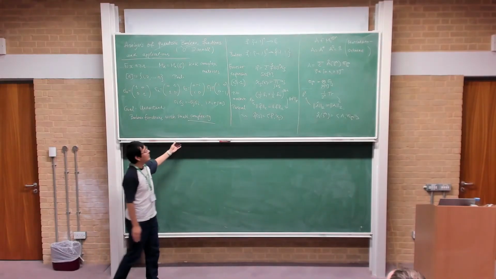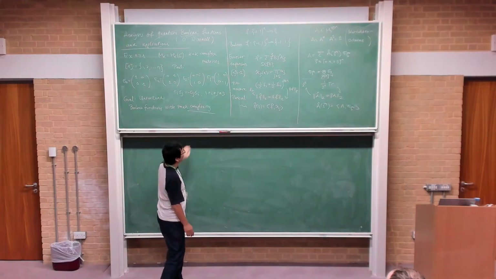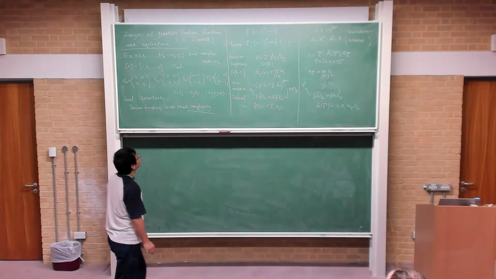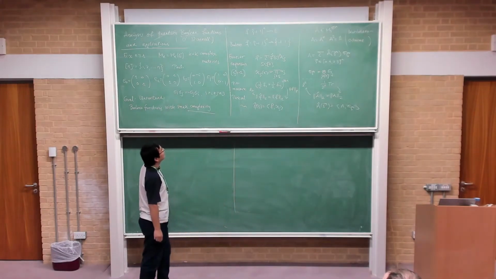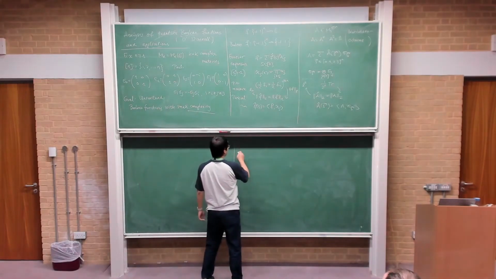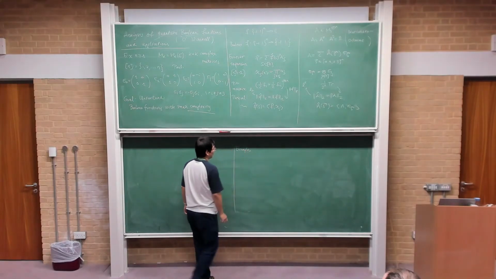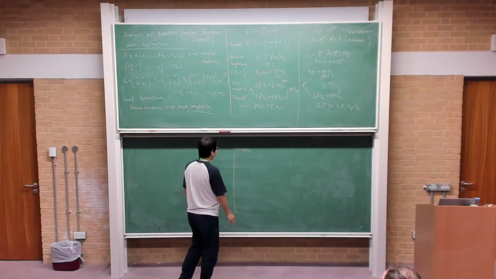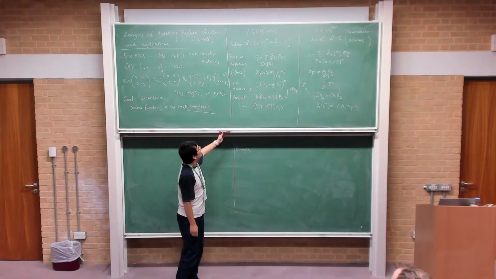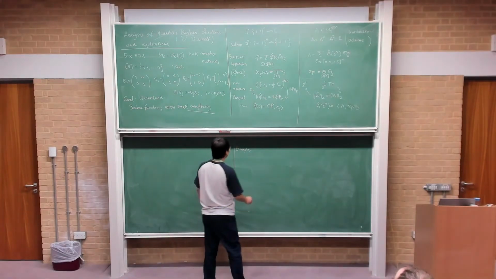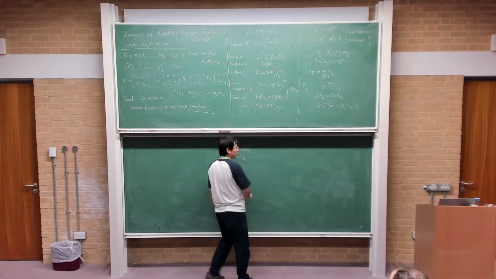Let me give you some examples. Is this visible to everyone? Okay, so a very simple example of a classical Boolean function is the so-called dictatorship.